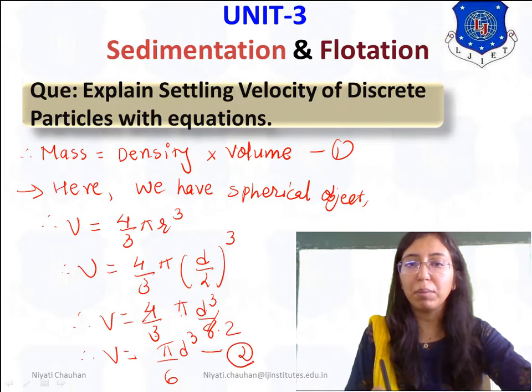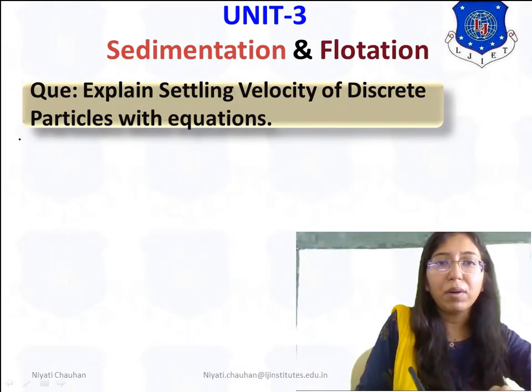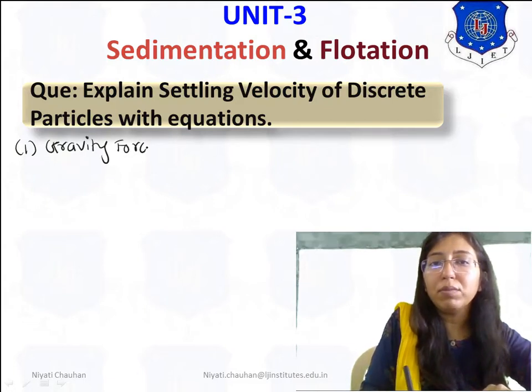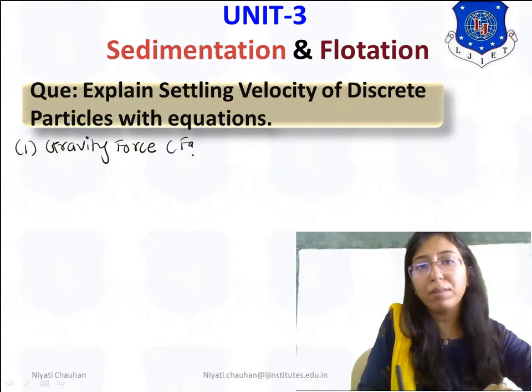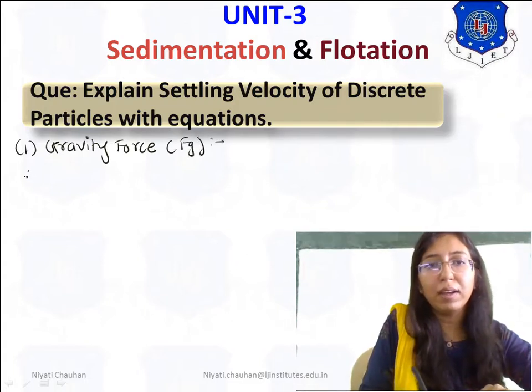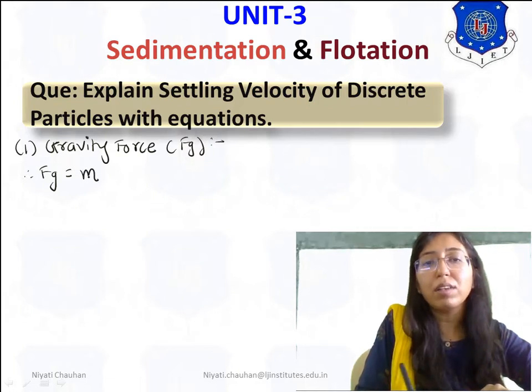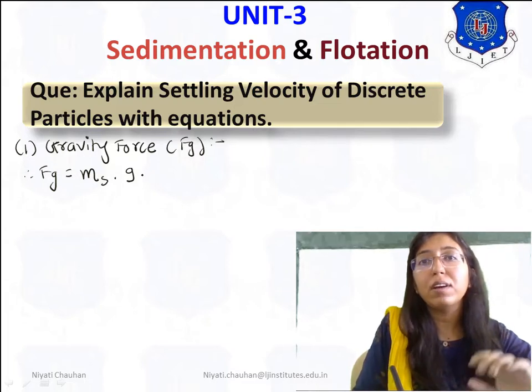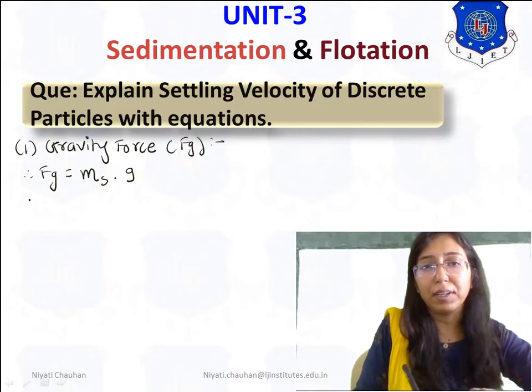Give equation number 2. First we find out gravity force, represented by Fg. Fg is equal to mass of object into g, where g is acceleration of gravity.